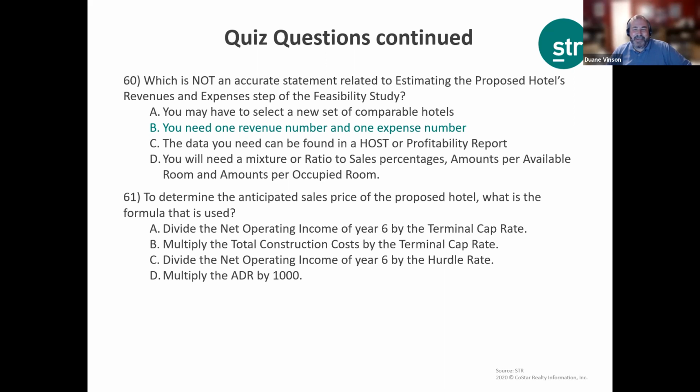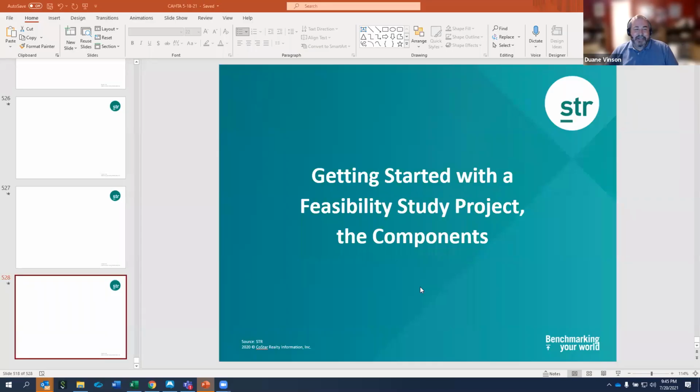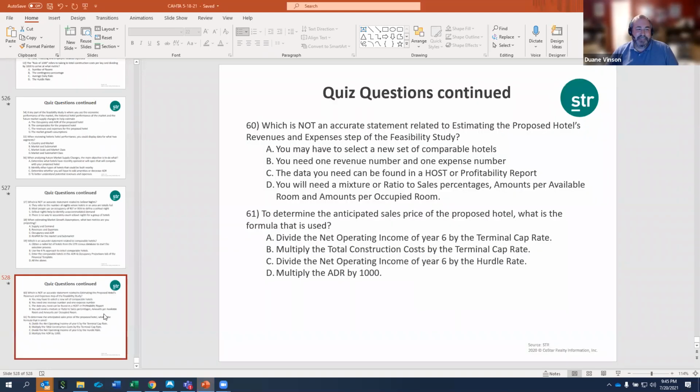See if you can remember this. Most of you have the right answer. It is A. We divide the net operating income for year 6 by the terminal cap rate. Very good. That concludes our training using our PowerPoint here. All right. Do we have any questions?